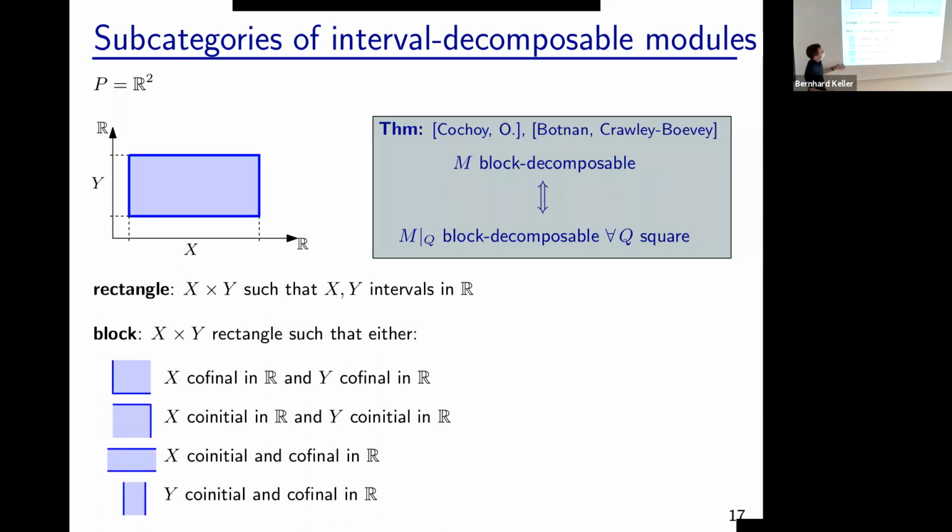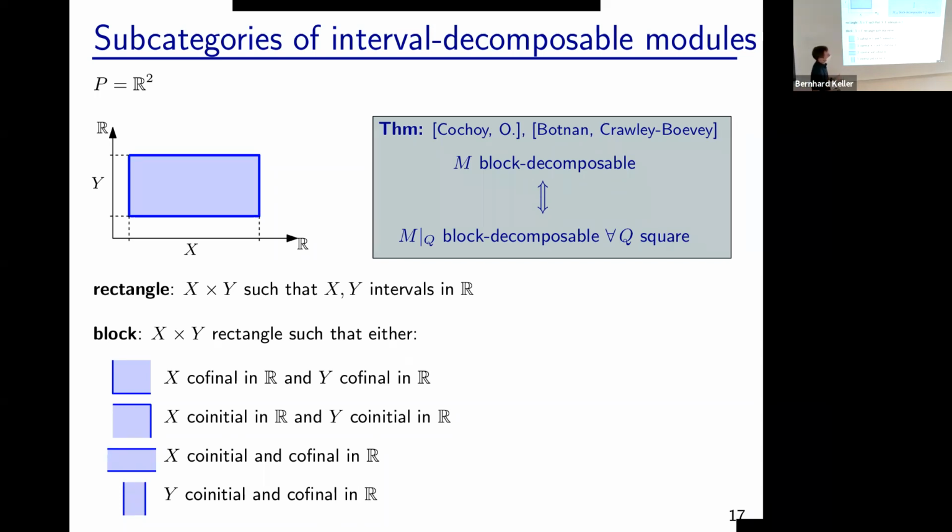And likewise, there is a subset of the rectangles that is even more interesting, which are called the blocks. So a block is just a rectangle that extends to infinity, either to the right and top, or to the left and bottom, or to the right and left, or to the top and bottom. These are called the blocks. And we have an equivalent result that says that M decomposes into block summands if and only if its restrictions to squares do.